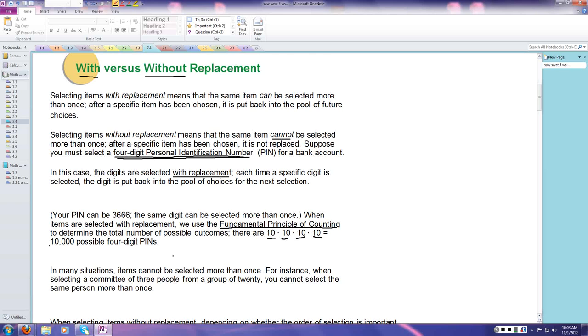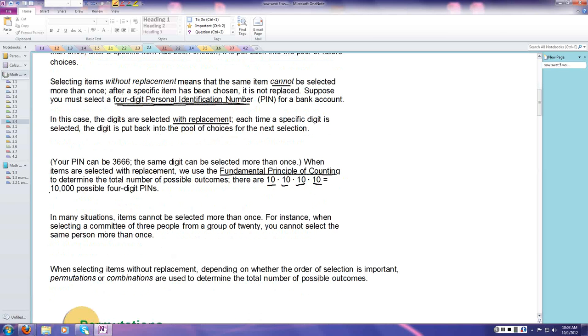In many situations, items cannot be selected more than once. For instance, when selecting a committee of 3 people from a group of 20, you cannot select the same person more than once. So for my 30 students, if I say I'm going to group you into groups of 3, I can't put the same person in more than one group, and I can't have one group made of 3 people that are the same, if that makes sense.